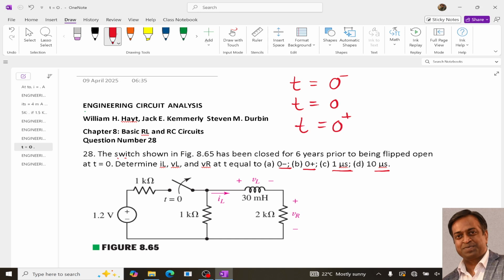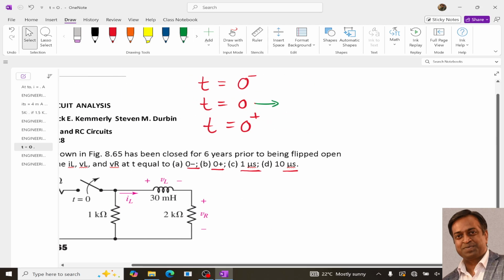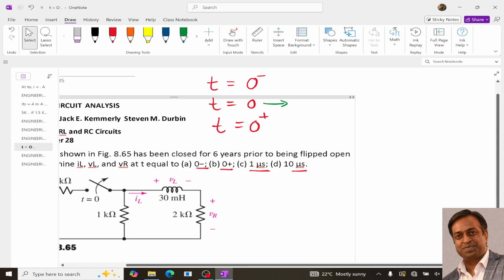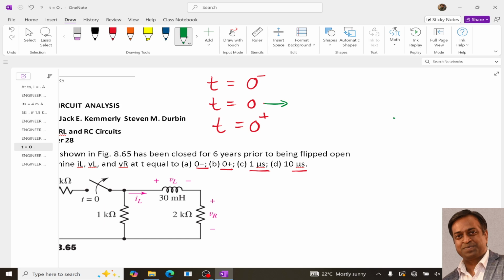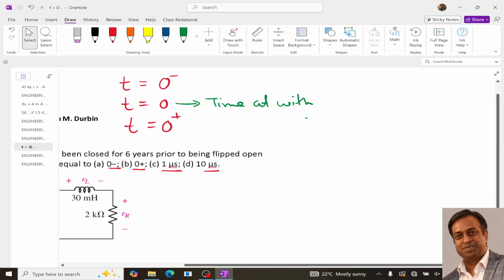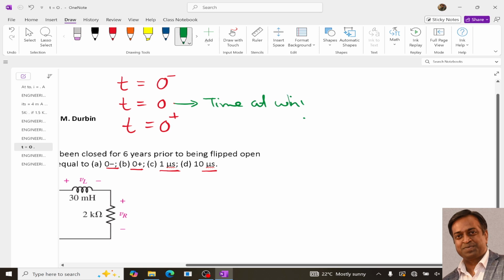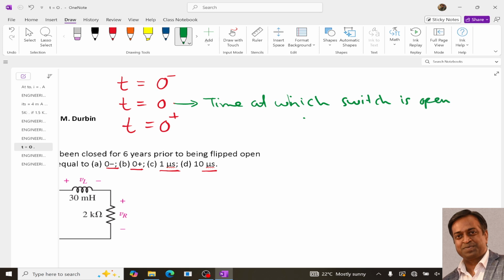The difference between these three is that t equals 0 is the time at which we have made a change, like we have either opened the switch or closed the switch.